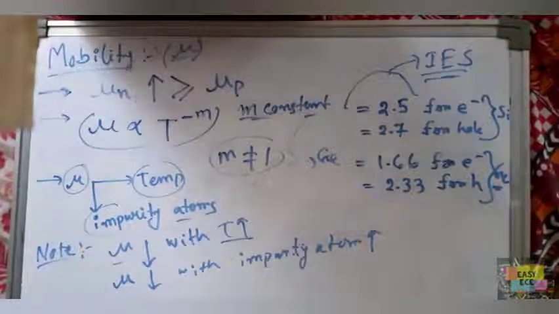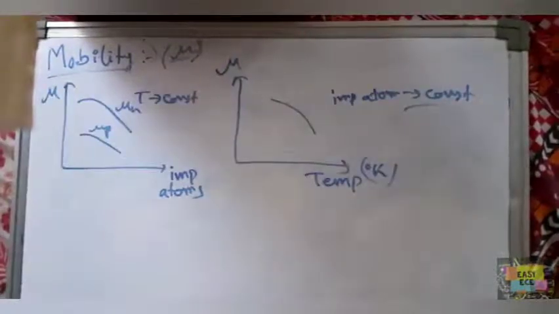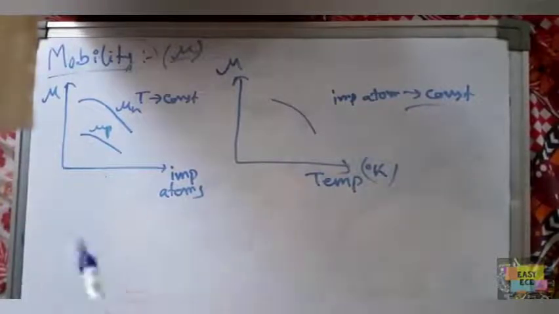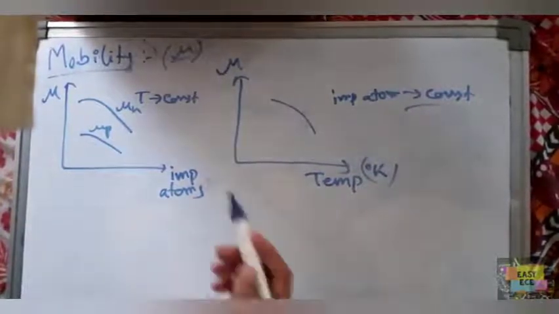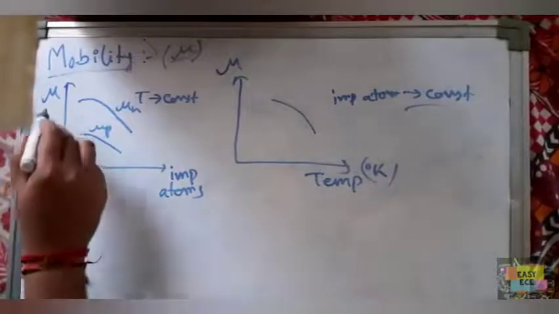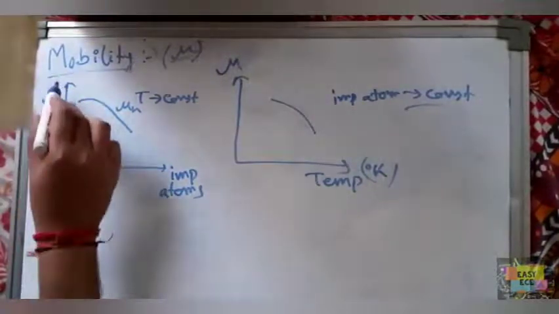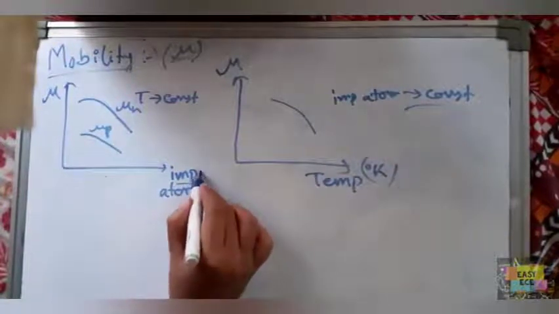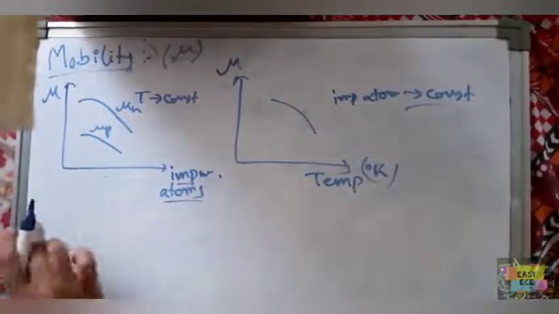Now also another short note: three graphs are important for the mobility concept. In the first graph, mobility is drawn on the y-axis and impurity atoms on the x-axis.